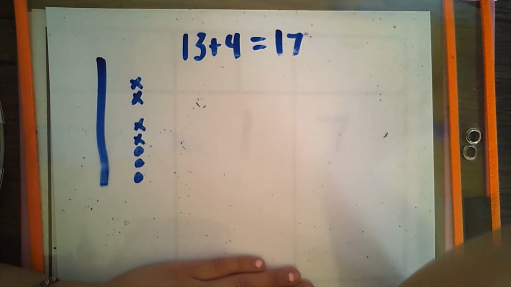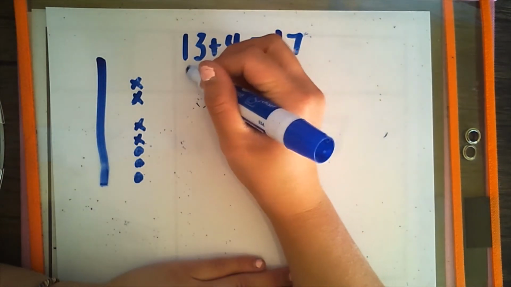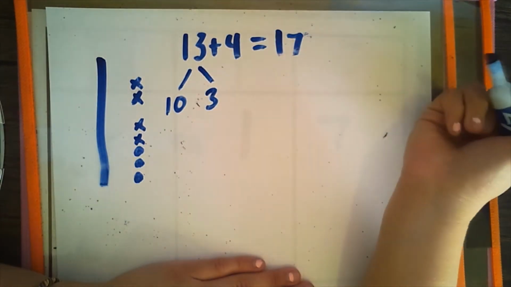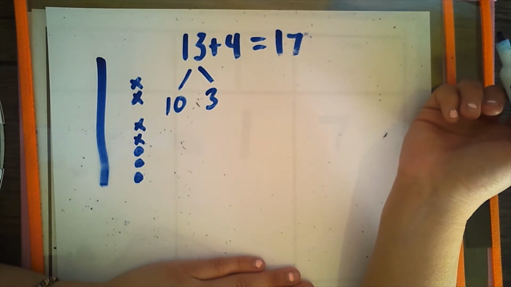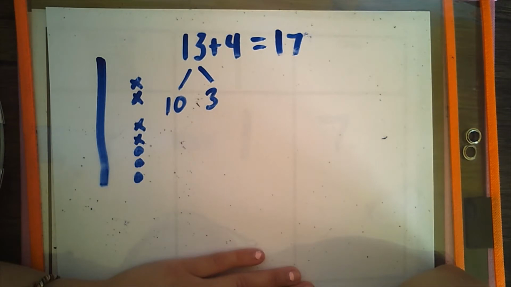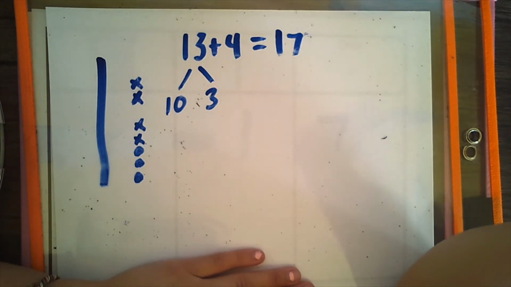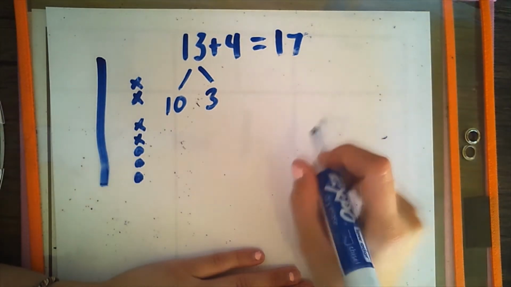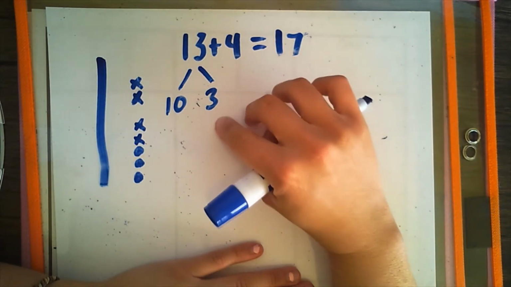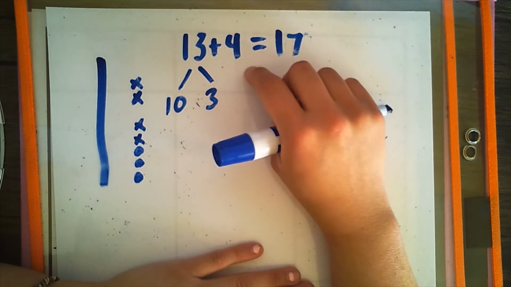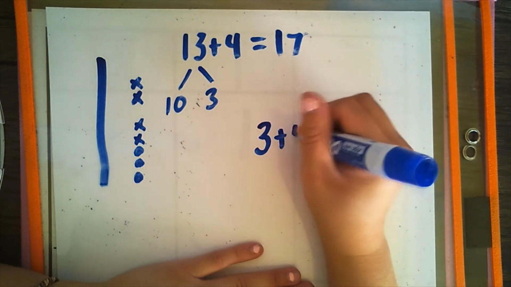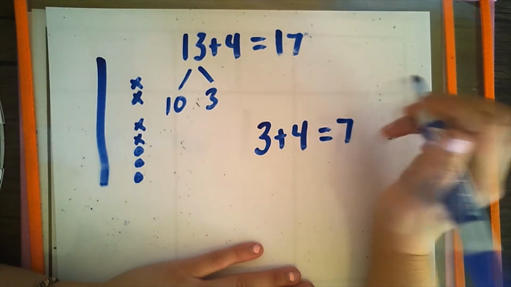Let's use a number bond. 13 cubes is 1 ten and 3 ones. So we're going to break 13 apart into 10 and 3. Okay, we're going to use this number bond to help us solve the problem. Let's go ahead and do that together. First, we added 3 and 4 to get 7. So let's write that down. 3 plus 4 equals 7.